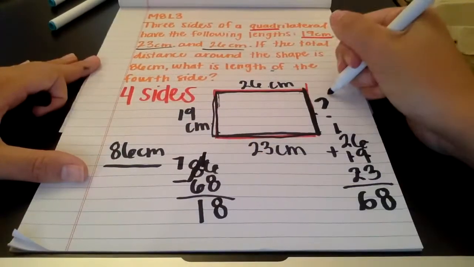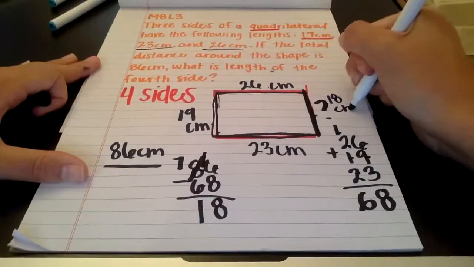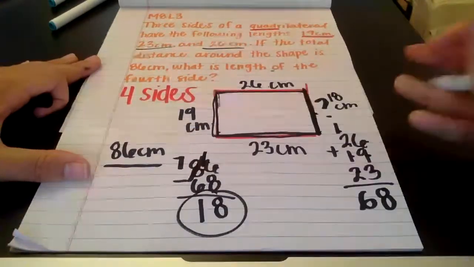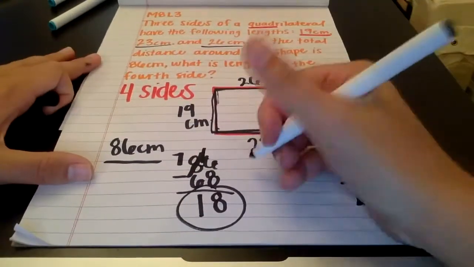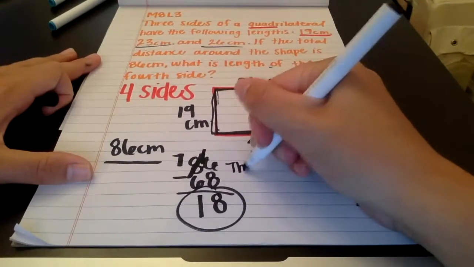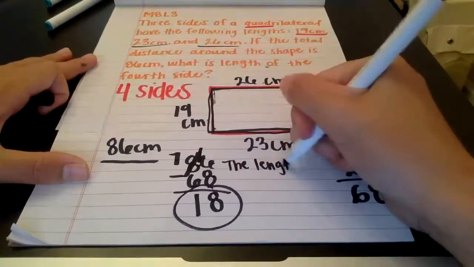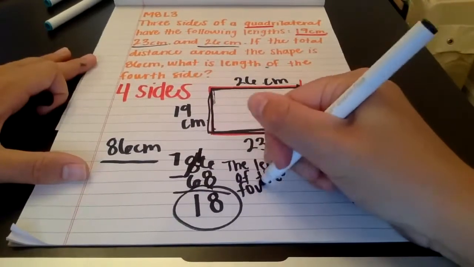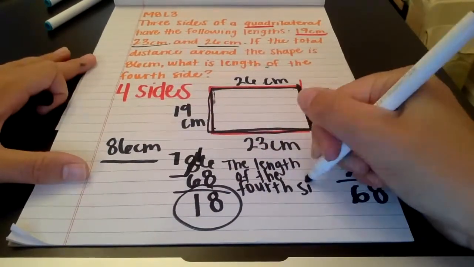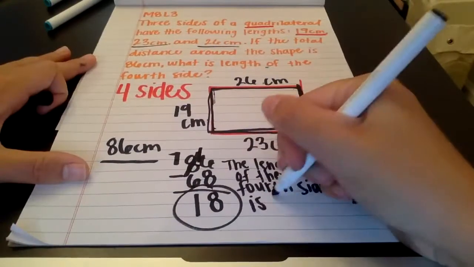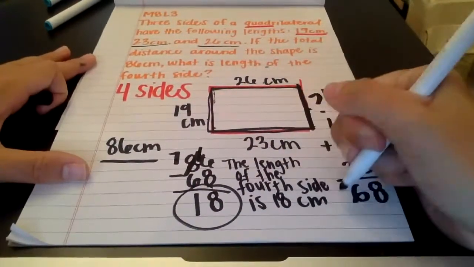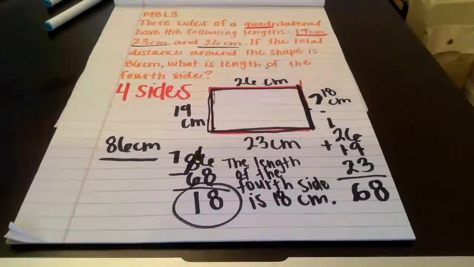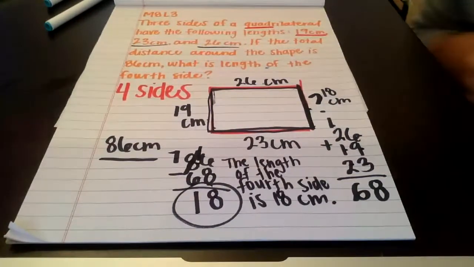So how long is this side? 18 centimeters. So your sentence would say the length of the 4th side is 18 centimeters, period.